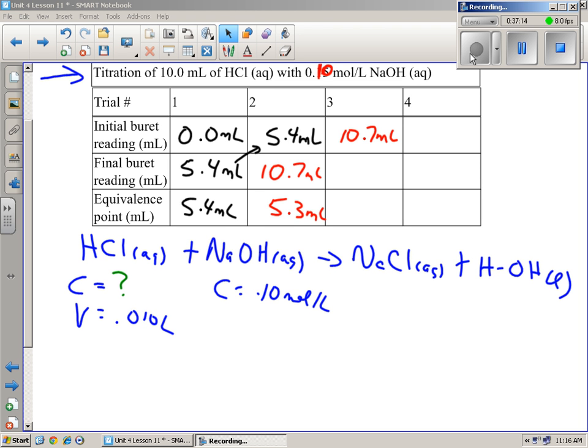No. Drop. Come on, drop. There we go. And it's going to take some time. And that's the beauty about chemistry. That's right about where we want it.